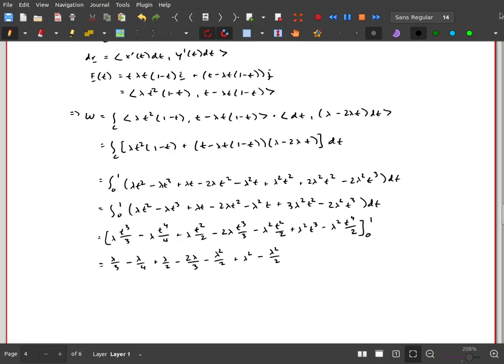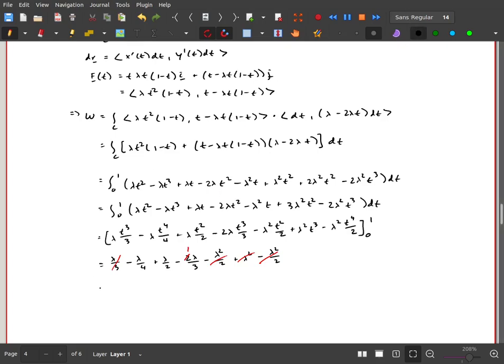Okay, so a bunch of these terms cancel out. And then if we add everything up, so this can go away, and then the 2 becomes a 1.